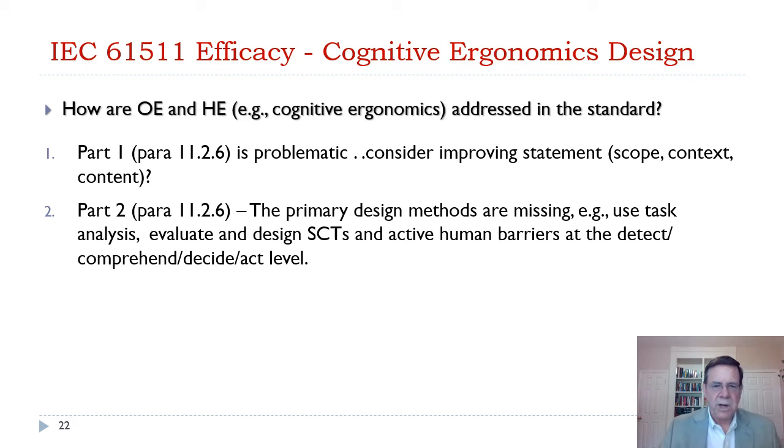So how are OE and HE addressed in the standard? Well, it's actually very thin, because each of these has its own design cycle in modern good practice, and the standard doesn't really reflect that. Essentially, they're just tack-ons.